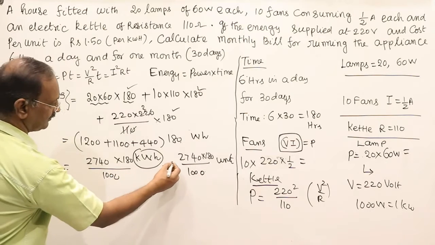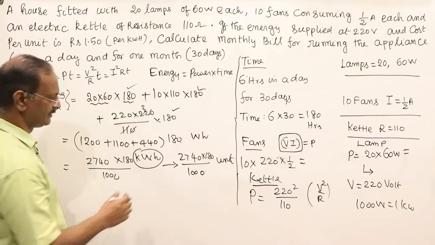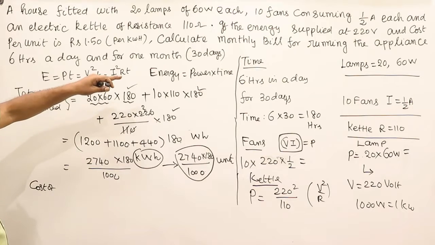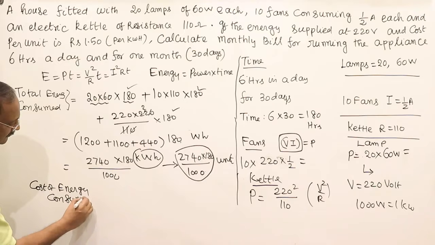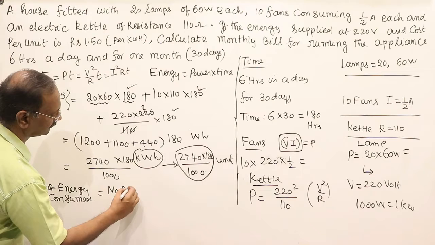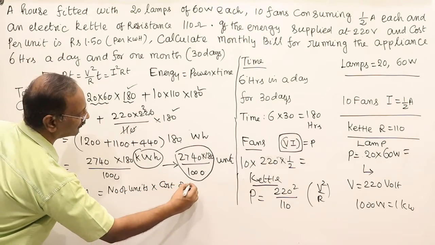So the number of units consumed is equal to 2740 into 180 divided by 1000 kilowatt hour. So this much of units is consumed. So 1 unit is costing how much? Cost of 1 unit is equal to 1 rupee 50 paisa. Cost of energy consumed is equal to number of units into cost of 1 unit.